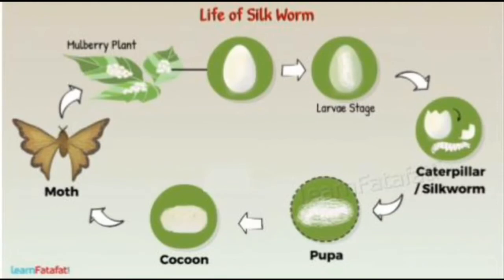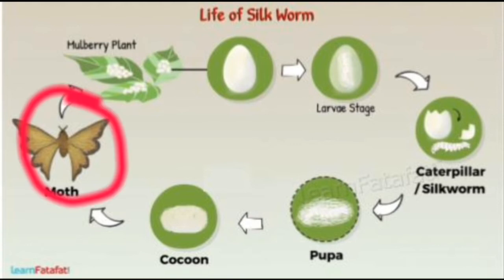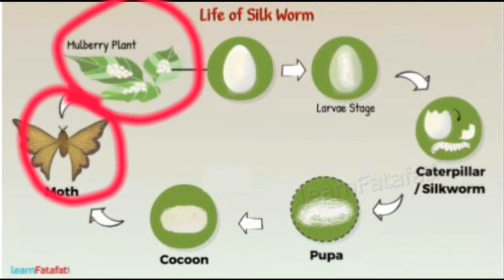Next point is life of silkworm. The adult moths mate with each other, and the female moth lays many tiny eggs on the leaf of mulberry trees. Eggs hatch out.